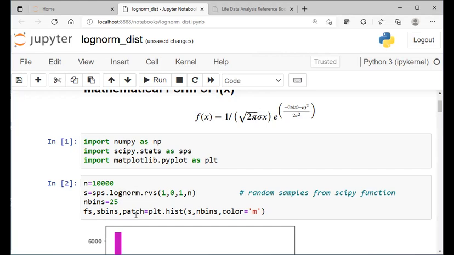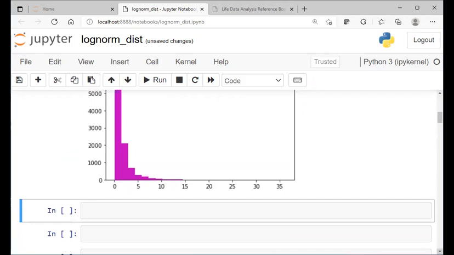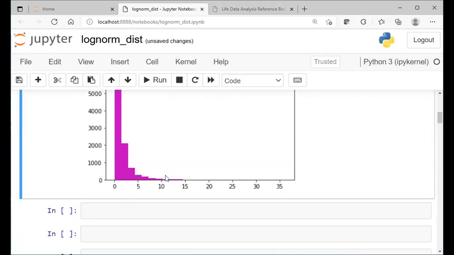See the structure of the function: f for frequency, s bins, these are the class limits, and patch, which is a required variable for the function. The variable is s, all the values, in n bins with color magenta, right? So we have got this distribution.